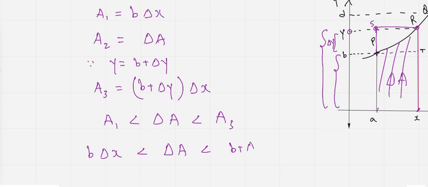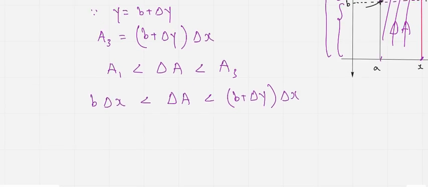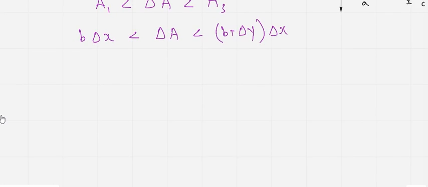Now, as I told you in the beginning, once there is a small change in x, there will be a small change in y. So if I apply the limit, if del x is approaching 0, then del y is also approaching 0. Okay, it's something like this.